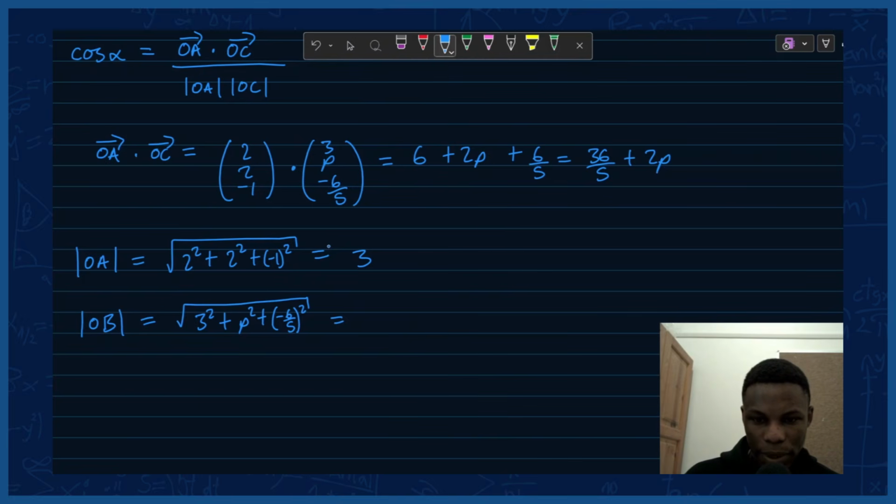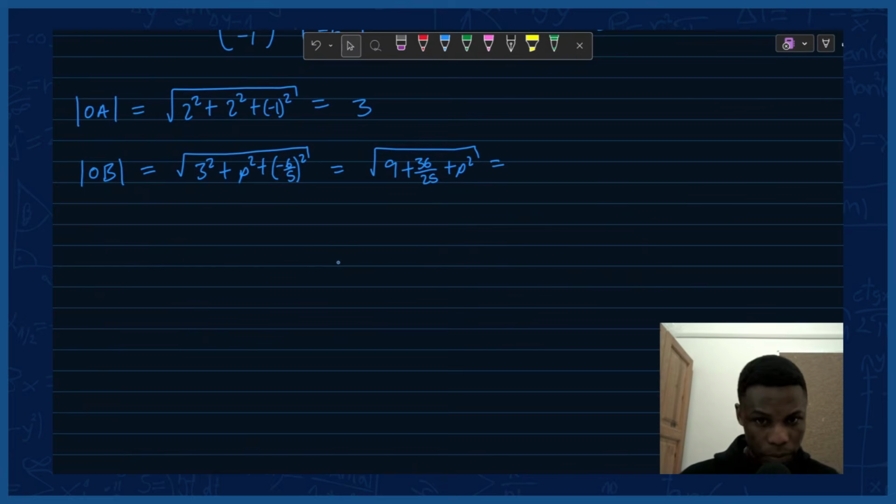We know 3 squared is 9, and then 6/5 squared is 36/25. We can simplify 9 plus 36/25, which gives us 261/25. So this becomes the square root of 261/25 plus p squared.